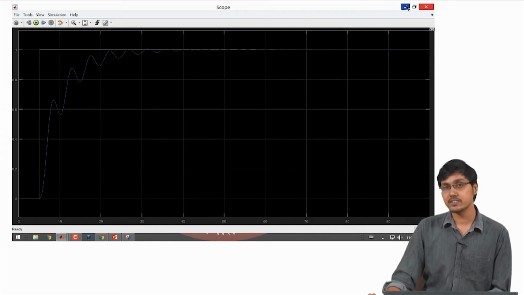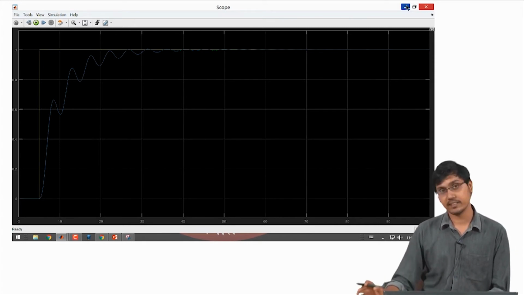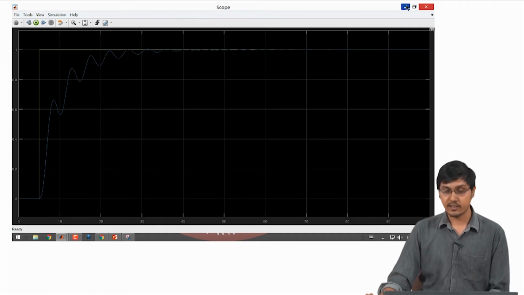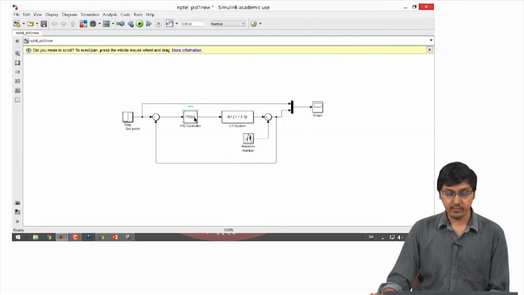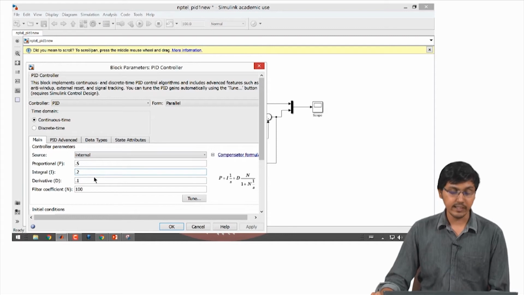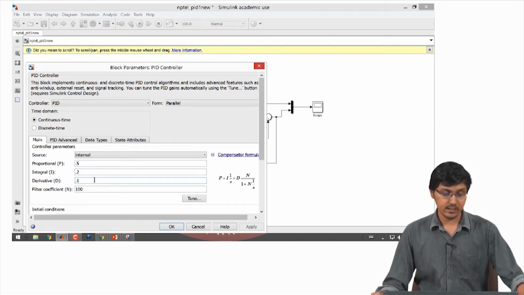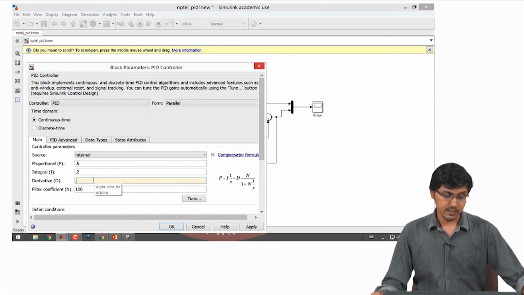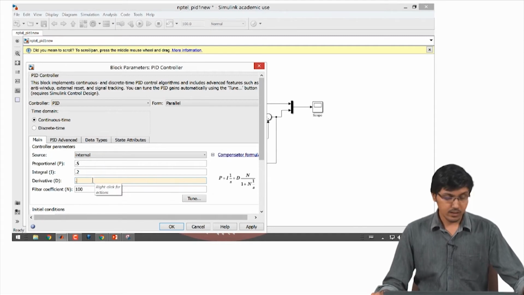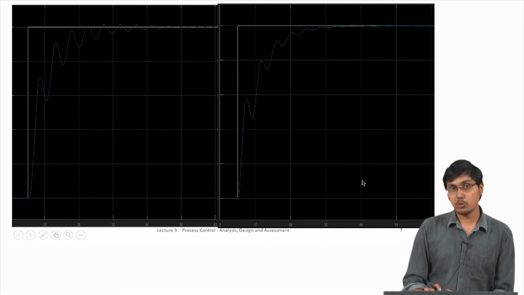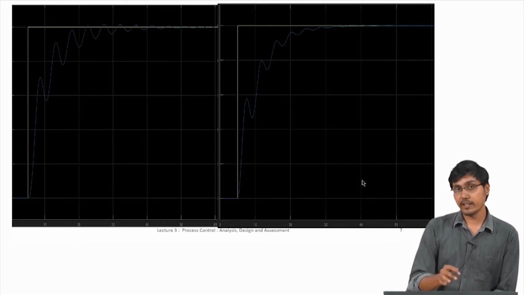But let us do the same kind of exercise, like we will change the Kd, the derivative gain, again and see what happens when I increase the derivative gain. We will now choose a different value of derivative gain. We will say probably 0.5 or something. So, now we have put both the pictures in the same place, so we can compare these two.